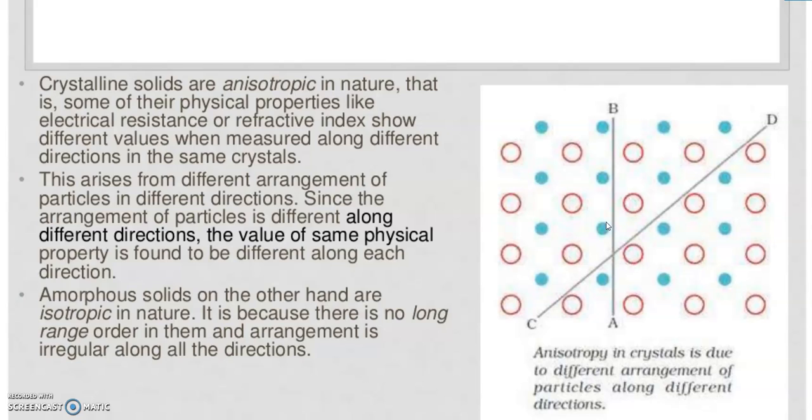It is because there is no long range order in them and they are arranged irregularly along all directions. In a crystalline solid there is a specific arrangement. Due to this, in each axis it has a different arrangement. Due to this, it has anisotropic nature, whereas amorphous solids are isotropic in nature.